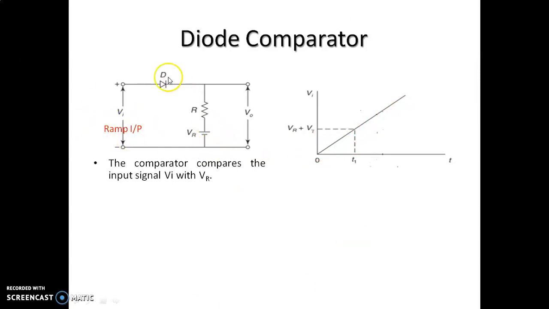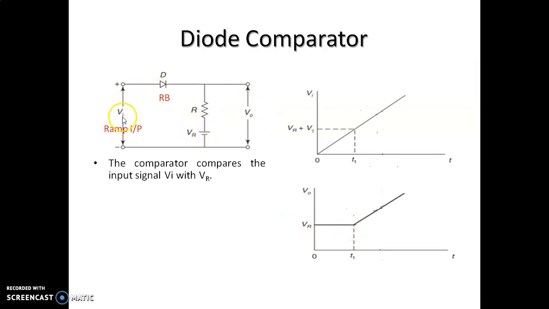This point of the diode is maintained at the reference level VR, whereas at this point the input is given. Whenever the input voltage is lesser than the reference level VR, the diode will be reverse biased, so there is no connection between the input and the output. The output is measured across this arm, which is maintained at VR, so V0 remains at VR until the reference level is reached.